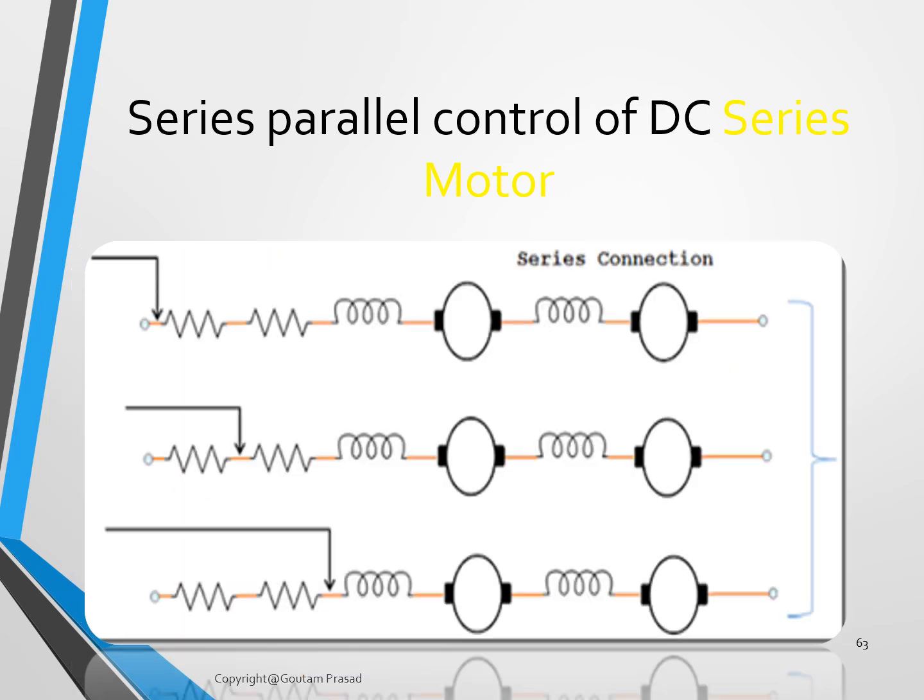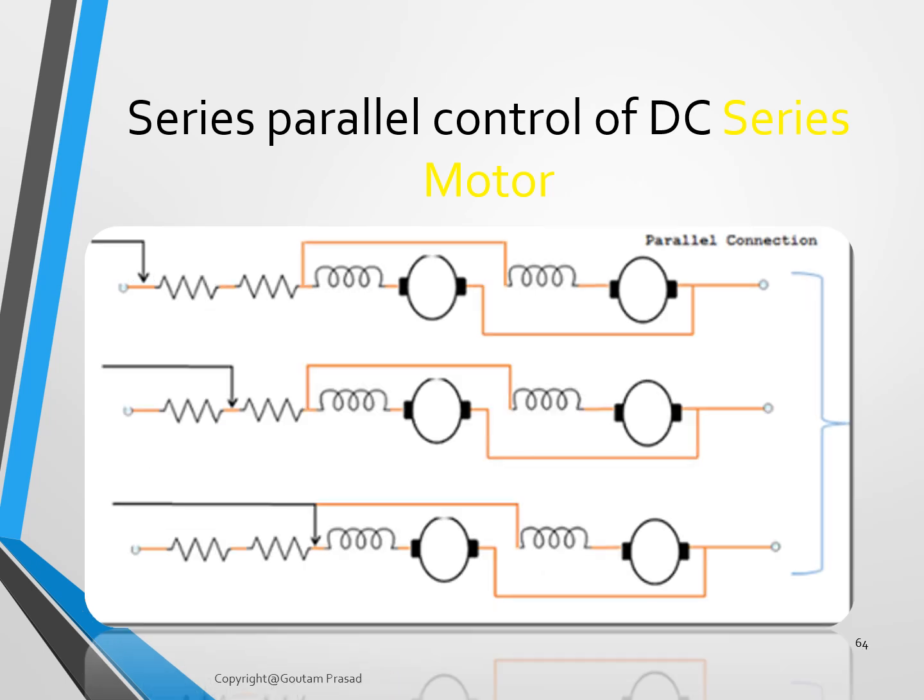So here is a possibility of series parallel connection speed control. There is a rheostat connected in series with the two series-connected motors, and here there is a provision of connecting them in parallel in the same configuration and having the rheostat connected in series with the two motors.